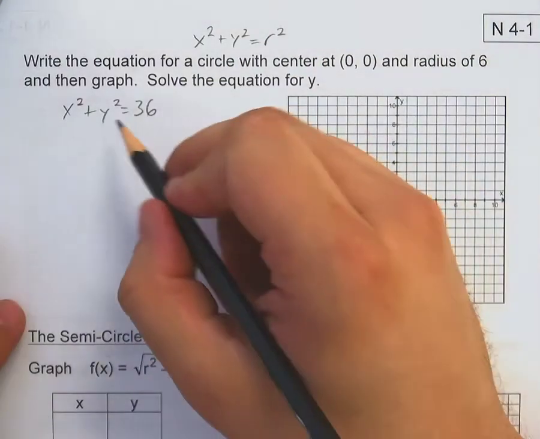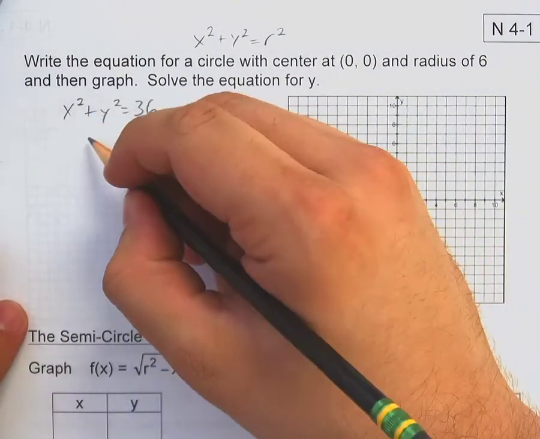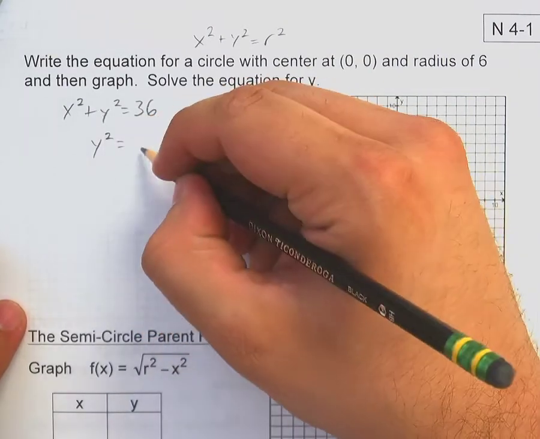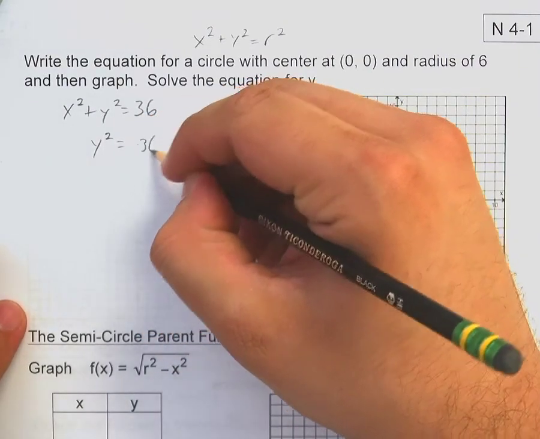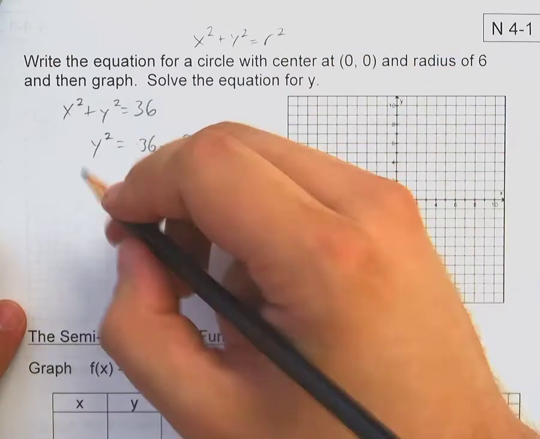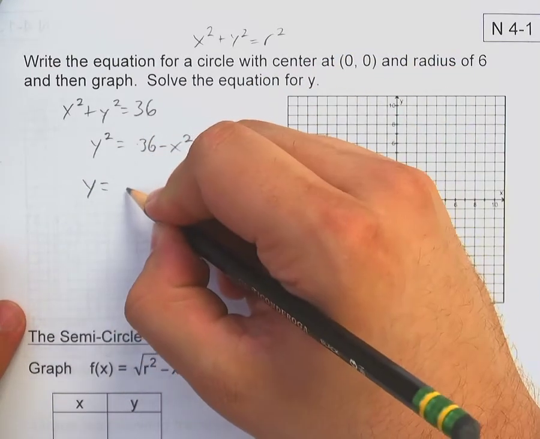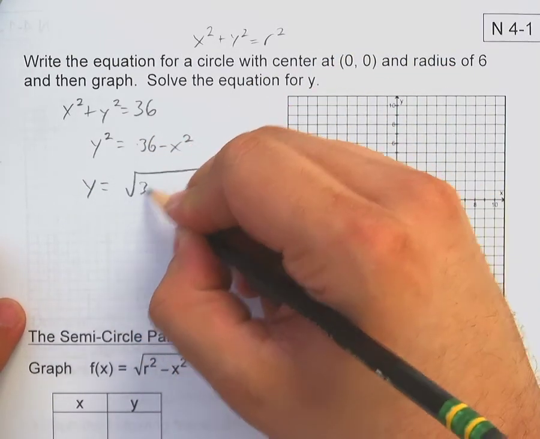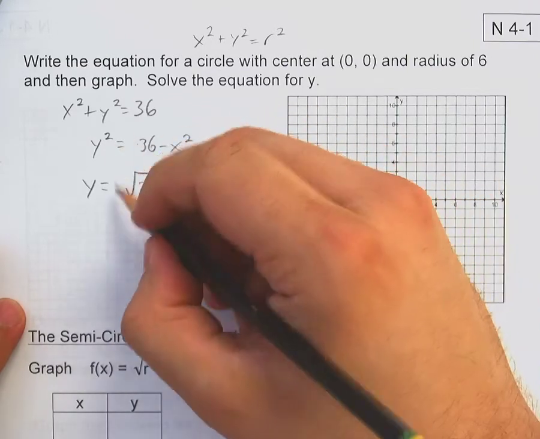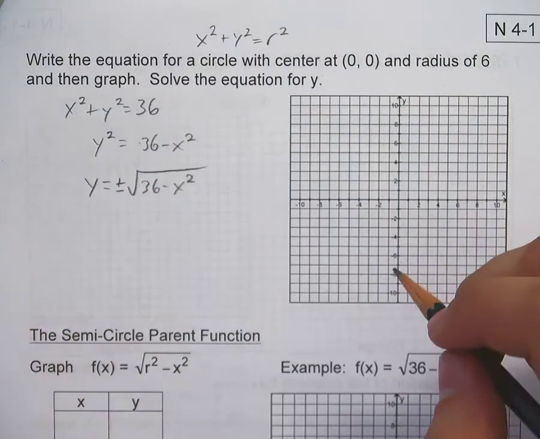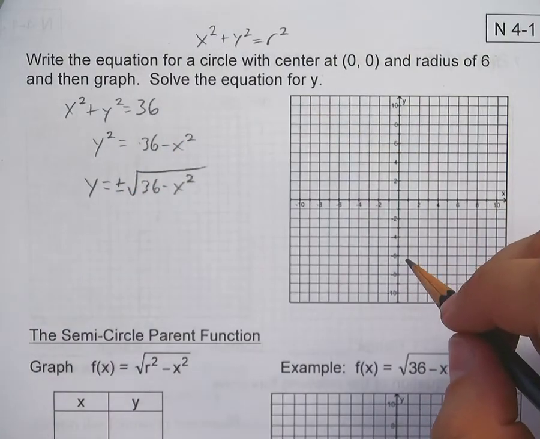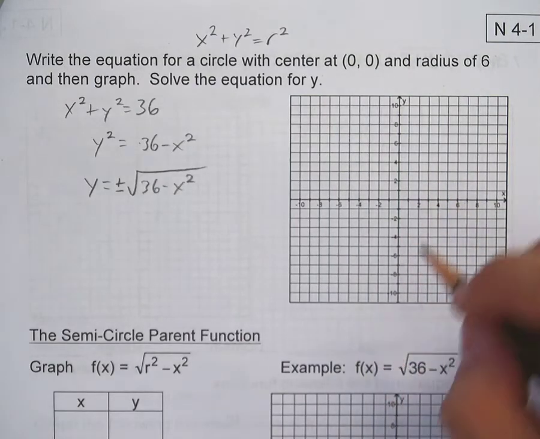And then if you solve for y, so subtract your x squared over, you get y squared equals 36 minus x squared, and square root it. 36 minus x squared. And you have your plus or minus, because anytime that you take a square root of something, you have a positive and a negative.